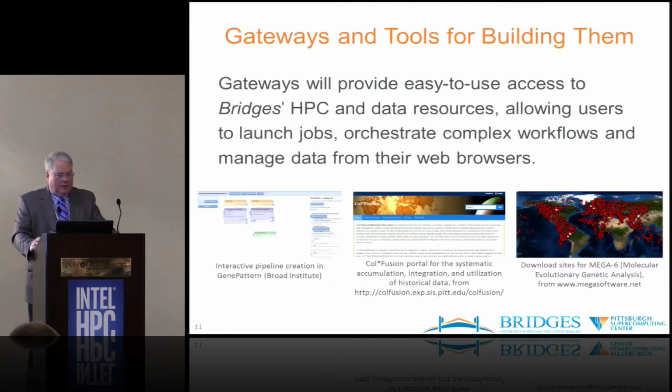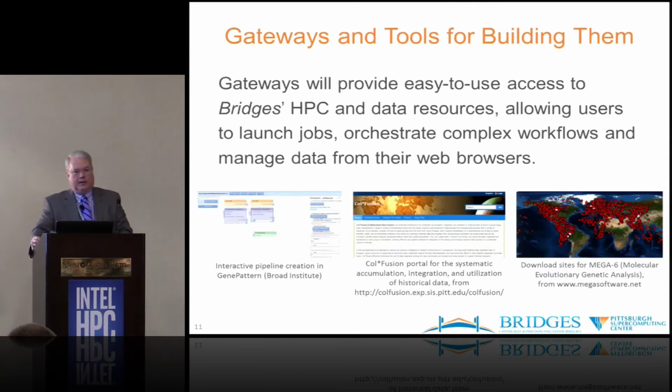Another change that we're seeing in a system like this is that in the past people have come with a program and run through a batch system and expected to get a result. More and more scientists now want to come and use a gateway, have something that has all the applications in place for them and be able just to tune some data sets in and then look at some results coming out.